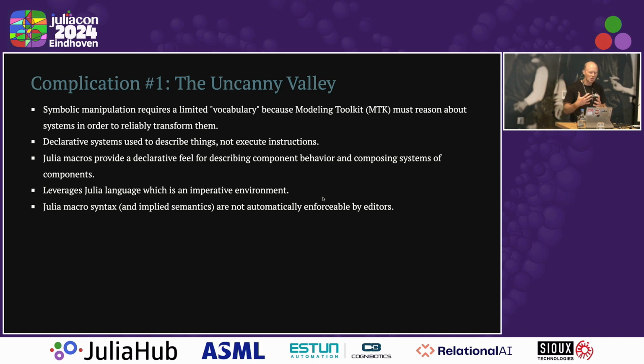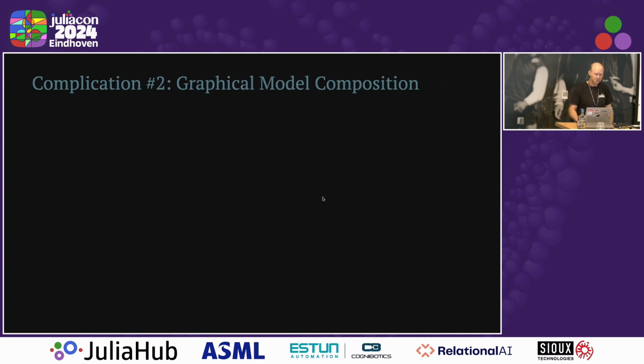Yeah, and then there's a whole bunch of implied semantics around those Julia macros that are not necessarily obvious if you were to just boot up VS Code in Julia mode. It doesn't know what those macros actually mean, and so it can't really enhance the functionality there above and beyond what is just Julia. So the question is, how do we reconcile these imperative and declarative aspects?